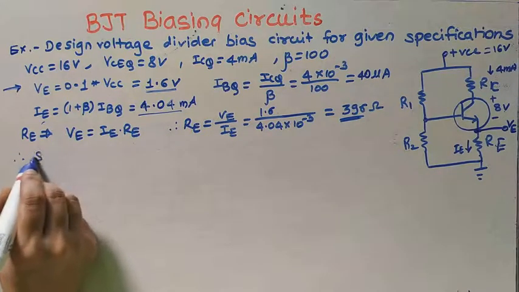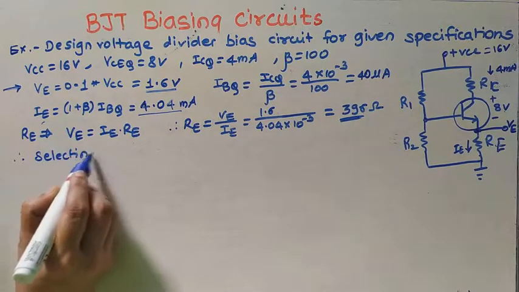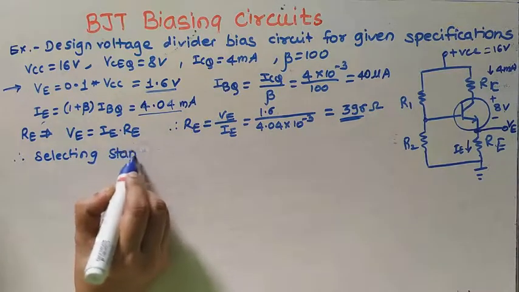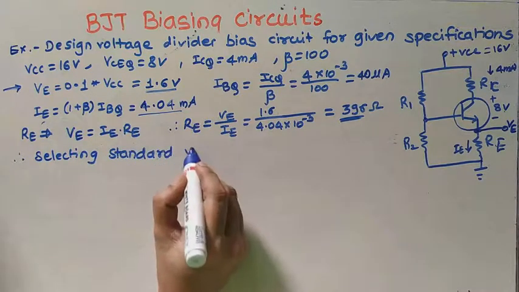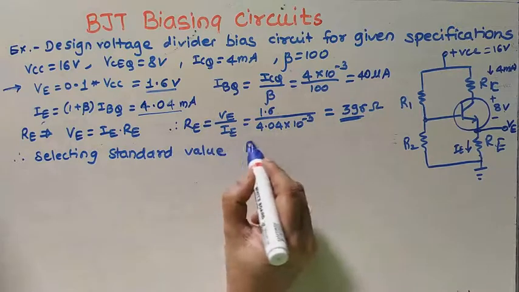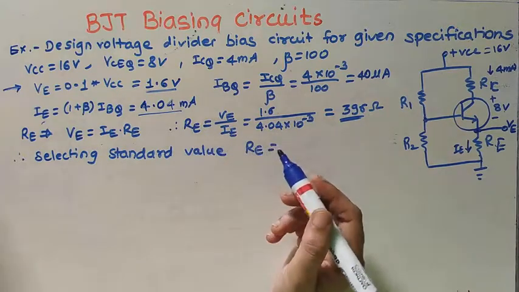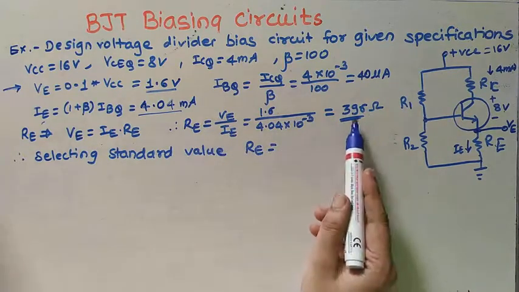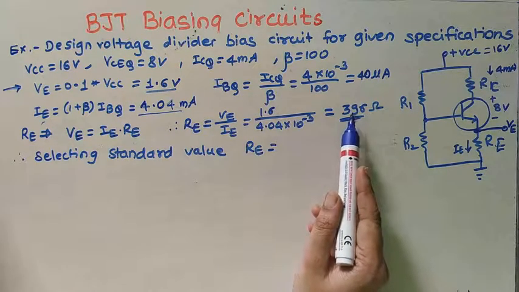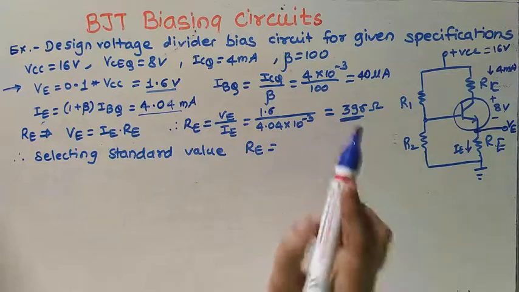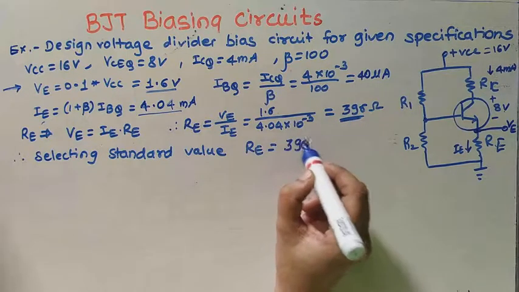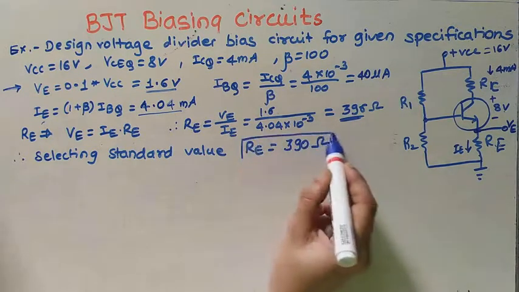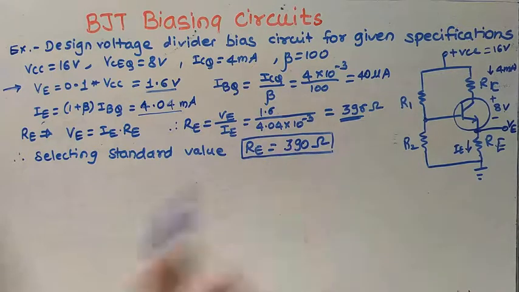Therefore, selecting standard value of RE, and that standard value near to this 396. So near value to this 396 is 390. So 390 ohm. This is our value of RE.